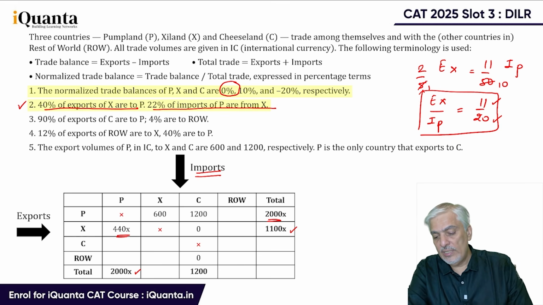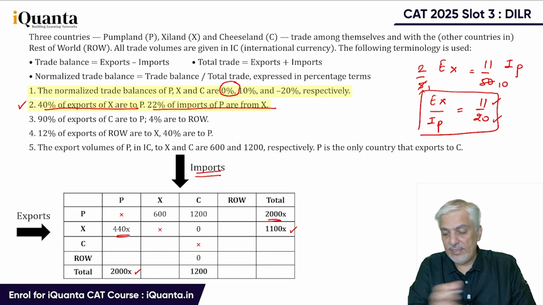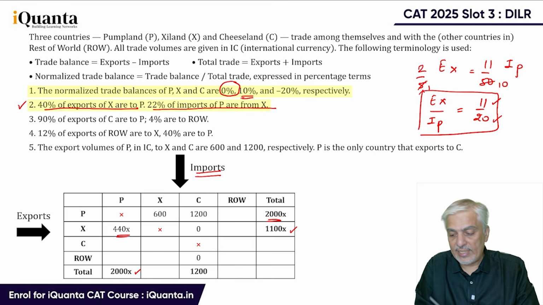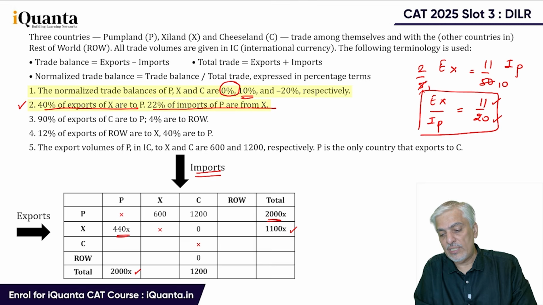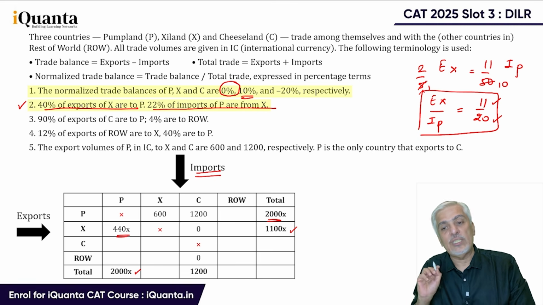Now, what else can I get? From this 10%, what can I get? How will I use that 10%? Pay attention. That 10% is trade balance. Trade balance was given as normalized trade balance, which is trade balance upon total trade. That is exports minus imports upon exports plus imports.